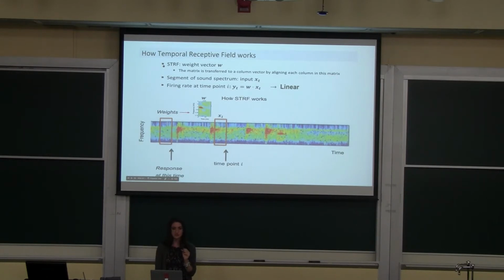And one point to note about this is, because you're combining all of the firing rates to certain time points and frequencies linearly using this weight, this assumes that they combine in a linear manner. So if it's a nonlinear function trying to be modeled, it can't be modeled in this way, because you're combining all the weights and all the inputs linearly.